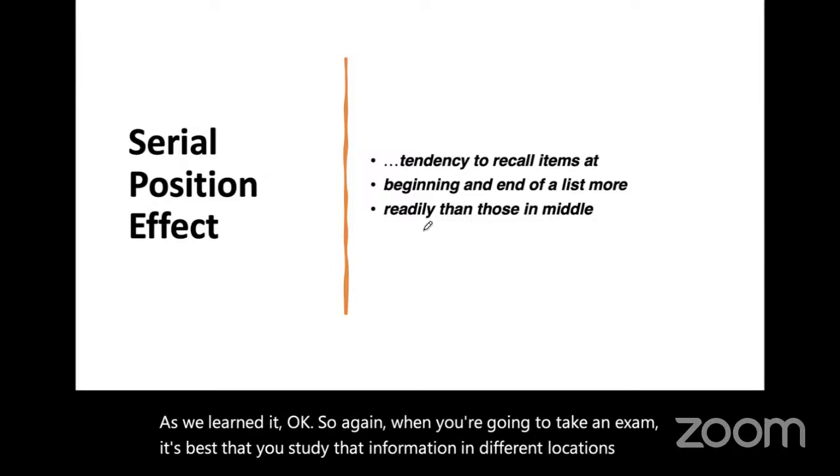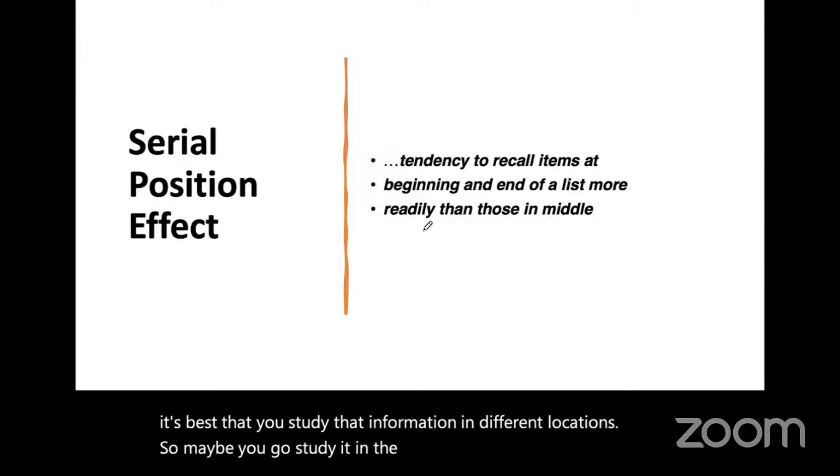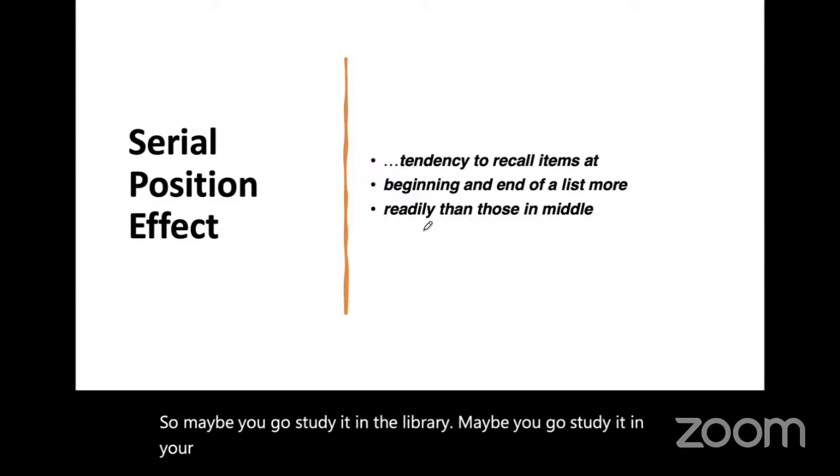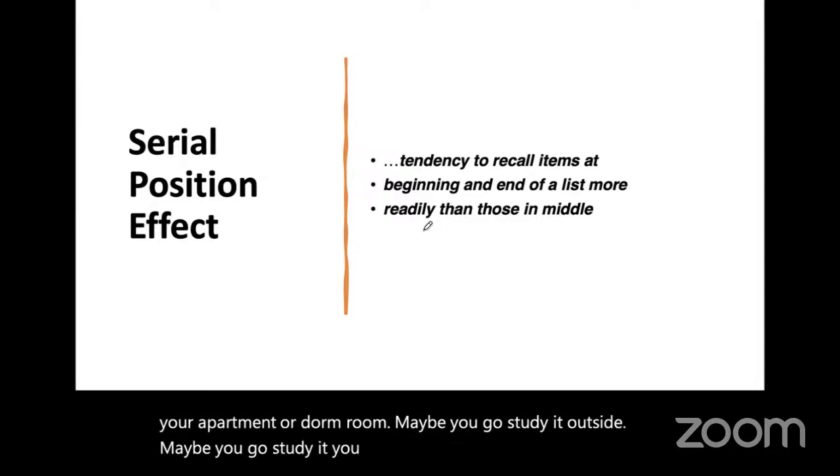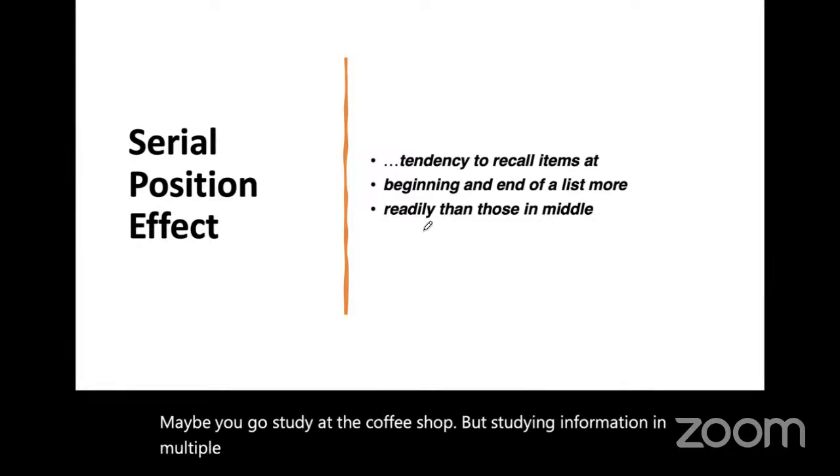So maybe you go study it in the library, maybe you go study it in your apartment or dorm room, maybe you go study it outside, maybe you go study it at the coffee shop. But studying information in multiple places will make it harder for that place effect to take place, okay?